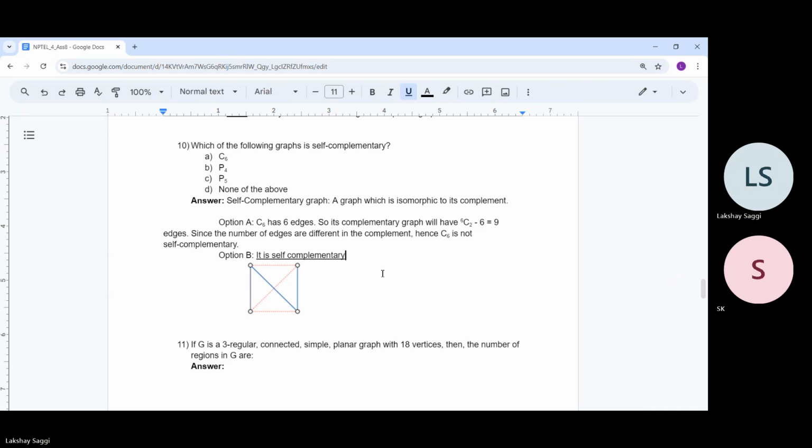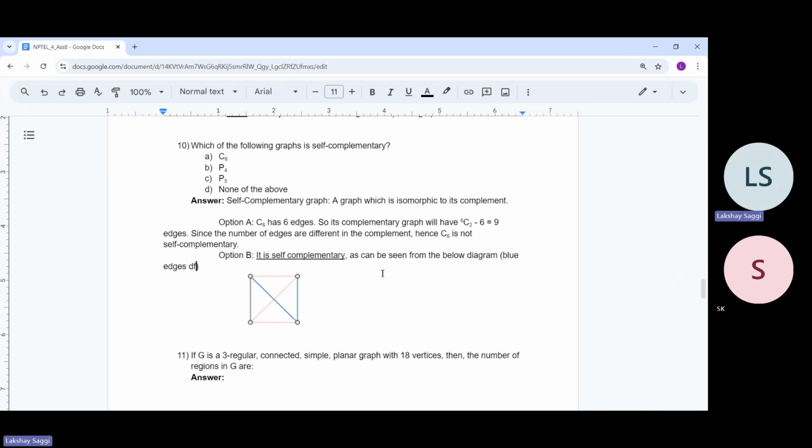I hope it is clear to everyone. Why is it self-complementary? As can be seen from the below diagram, where blue edges denote the original graph and red edges denote its complement, the complementary graph.